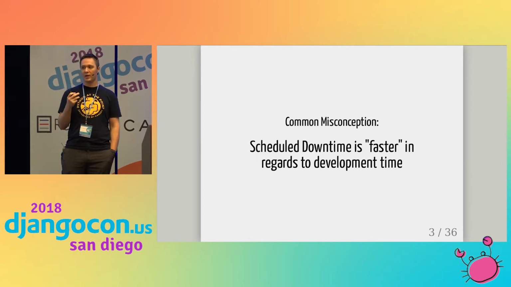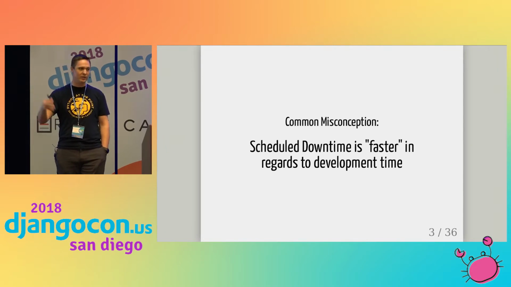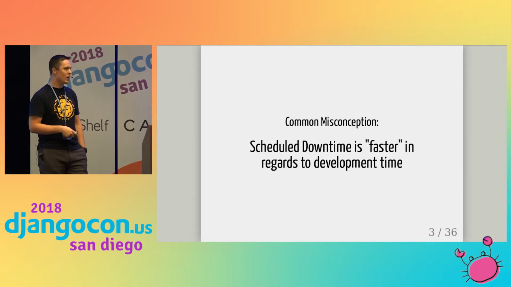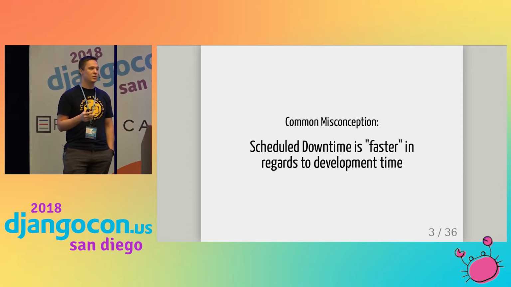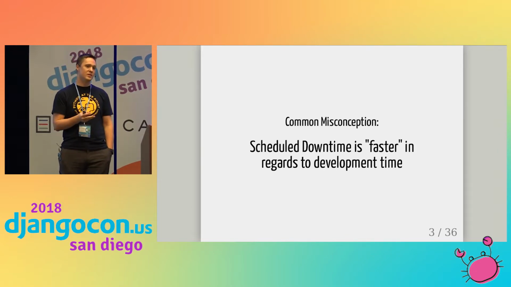From that point of view, having downtime sounds much faster. I schedule a window, I spend an hour doing it, now I'm back up, right? In a lot of cases, a maintenance window can be faster, with less development time, but in a lot of cases it's not.